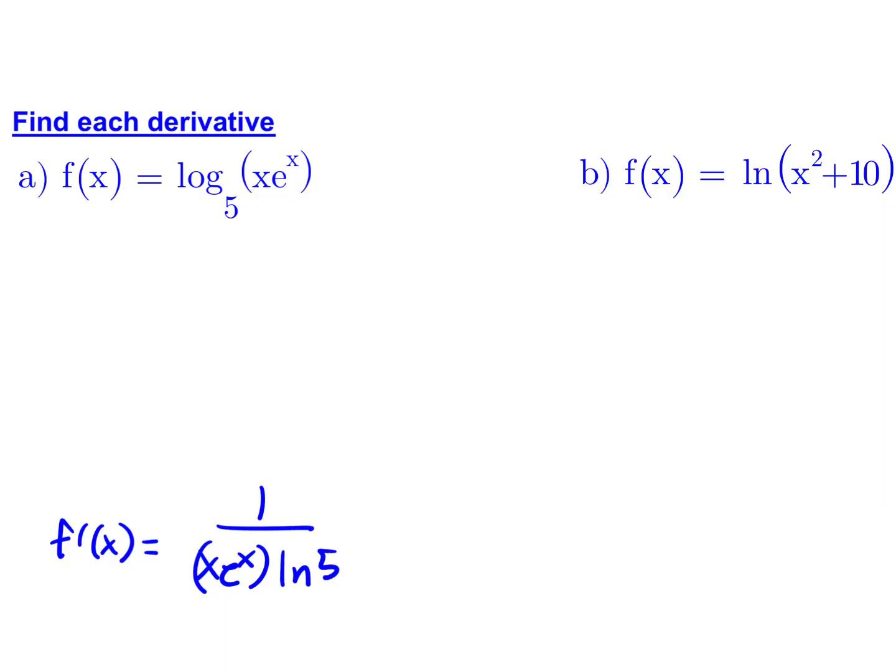And then I have to take the derivative of x e to the x, and that's going to involve the product rule. So the product rule says take the first function, just write it down, and then multiply it by the derivative of the second function, which is still e to the x. Add to this e to the x, the second function, times the derivative of the first function.